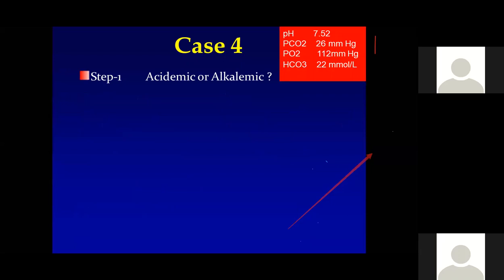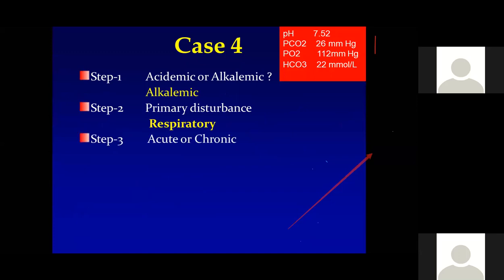Respiratory alkalosis. So go by step, it is alkalemic, and the primary abnormality which is involved is the respiratory system because the carbon dioxide is low. So the pH is high, carbon dioxide and bicarb are low. That is what you're seeing. So whether it is acute or chronic, we'll apply the formula and see. pH change is equal to 0.008 into 26 minus 40, so it is equal to 0.11.